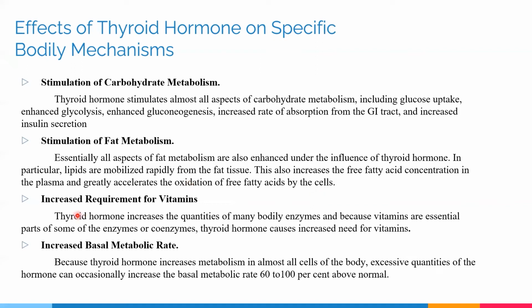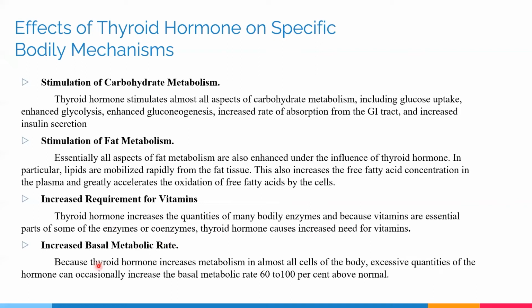Next, we look into increased requirements for vitamins. Thyroid hormone increases the quantity of many bodily enzymes, and because vitamins are essential parts of some enzymes or coenzymes, thyroid hormone also causes an increased need for vitamins.